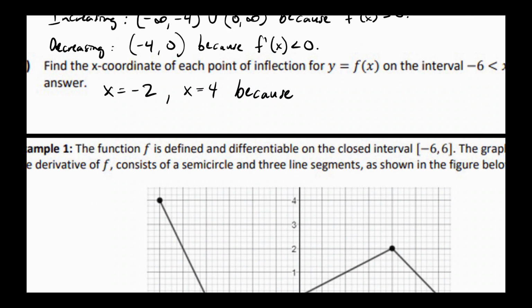So why again? Tell me again, why are those inflection points? Exactly. F double prime is 0 for -2. Absolutely. That would work for -2. How do I write it for 4? Because it wasn't 0 there, right?